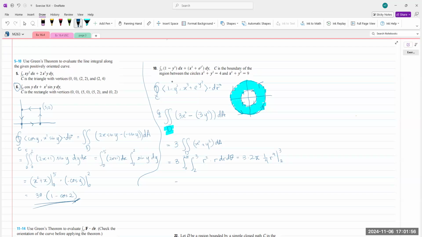Okay, so we get 3/2 pi, 3 to the 4th is 81, 2 to the 4th is 16. What's that? 65? Well, anyway, 3 times 65 over 2 pi. Is it right? That's 195. 195 over 2 pi.